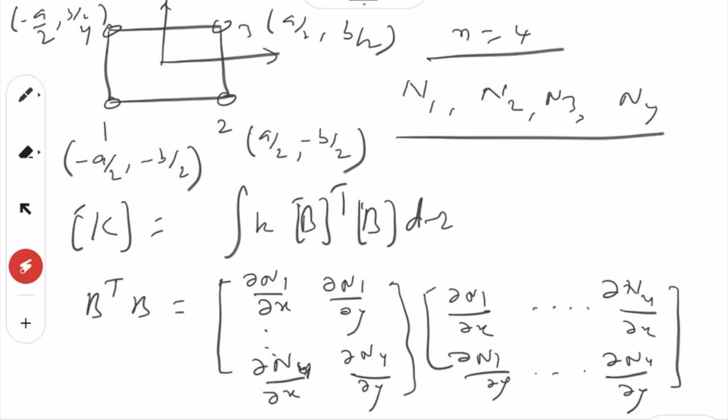See, k11 will be based on the first row multiplied by the first column: this multiplied by this plus this multiplied by this. So del n1 del x square plus del n1 del y square, that's what it will be.